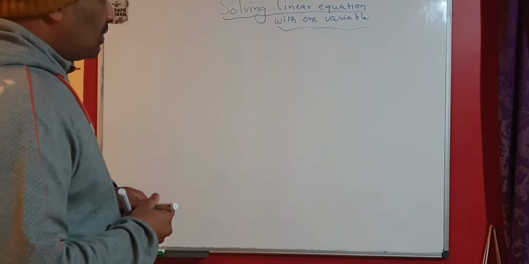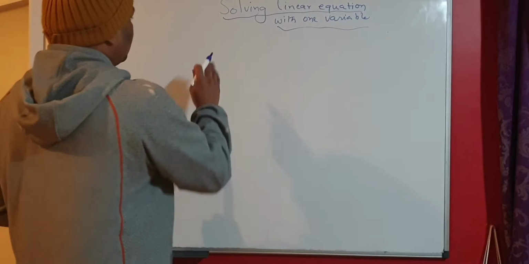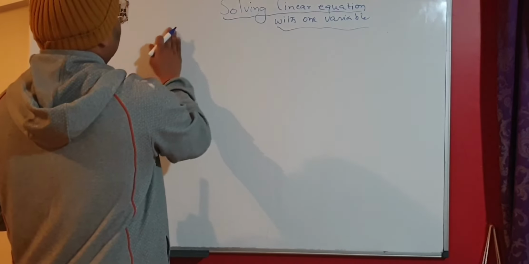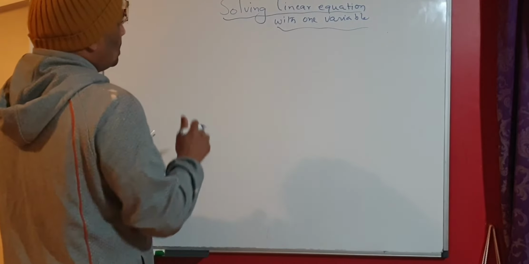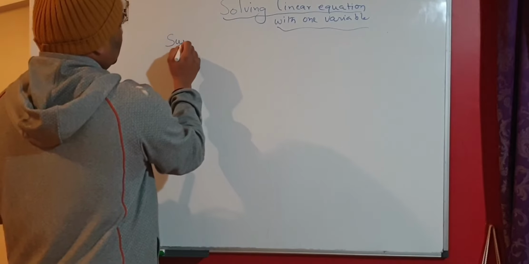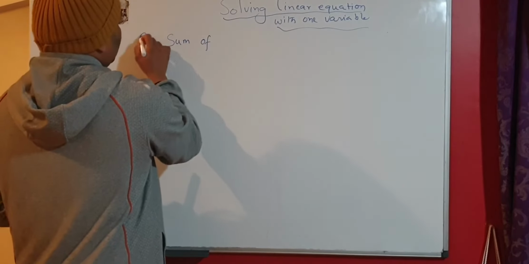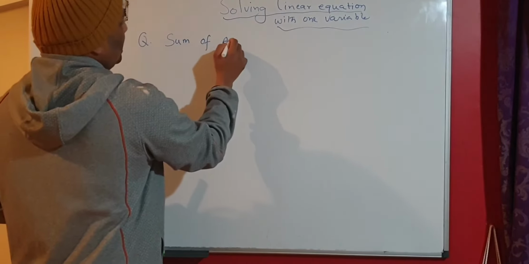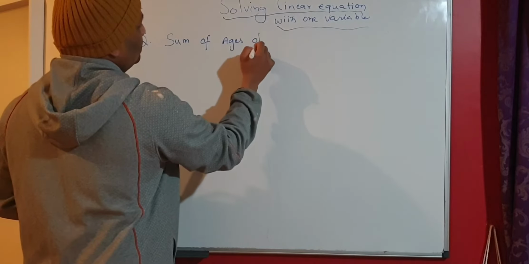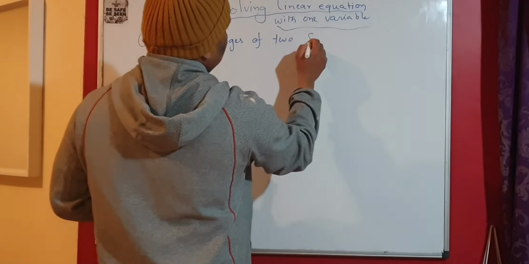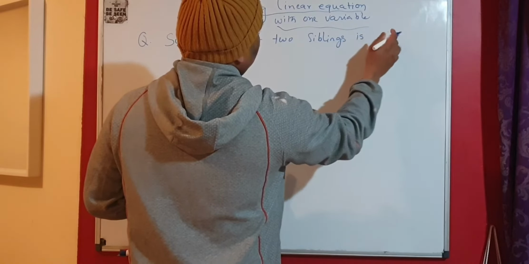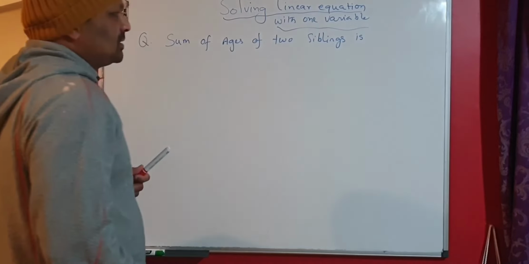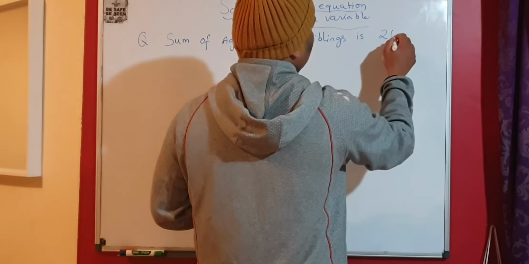And one more word problem we'll see. Sum of ages of two siblings is 26.